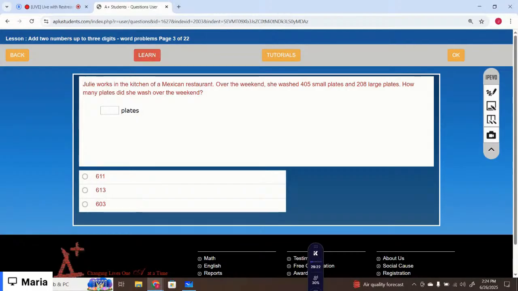Julie works in the kitchen of a Mexican restaurant. Over the weekend, she washed 405 small plates and 200 large plates. How many plates did she wash over the weekend? So, which is the correct option?